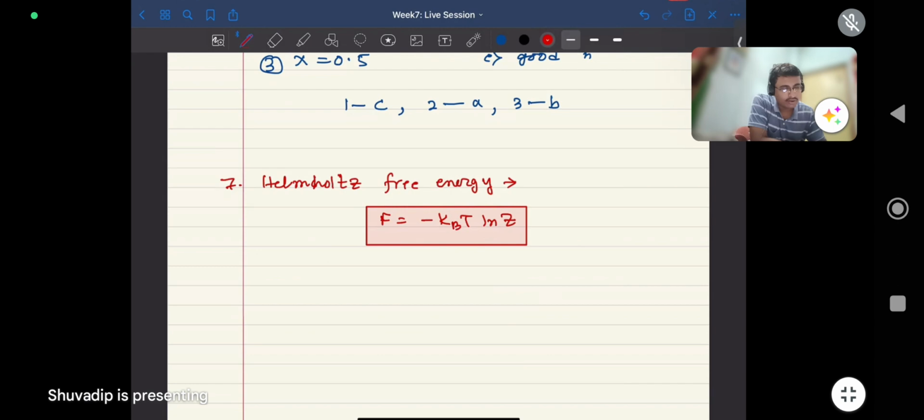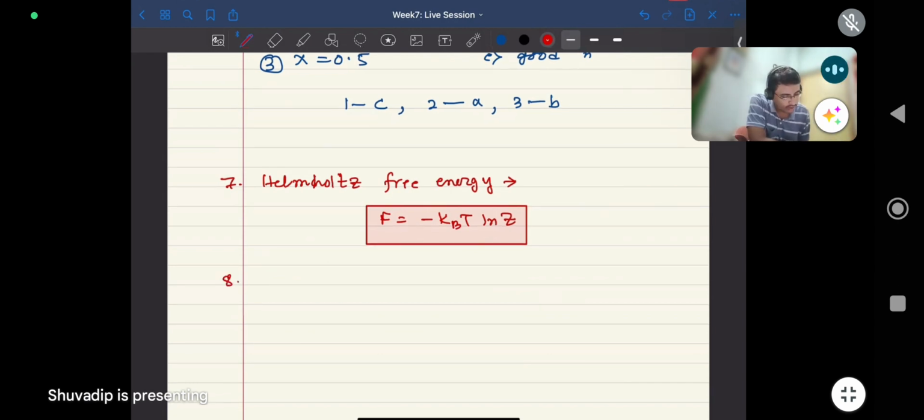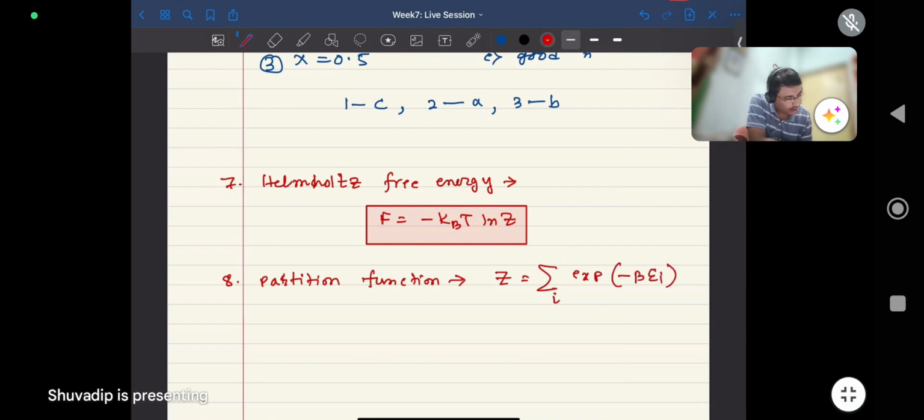Then how can we write down the partition function? So Z is the partition function here. So there is a question like how can we write down Z? Z is the sum over all possible configurations of exponential of minus beta epsilon i, for the ith configuration.